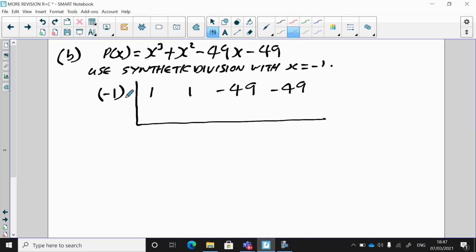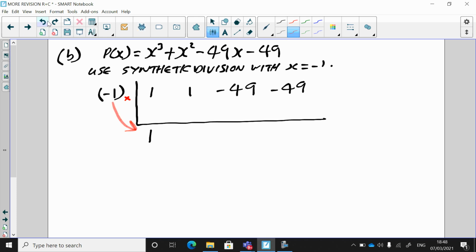I don't know why. Right, so here, -1's my multiplier, but what I need to do is drop down the 1 first. Okay, it comes below the line. Once it's below the line, it automatically gets multiplied by the multiplier.